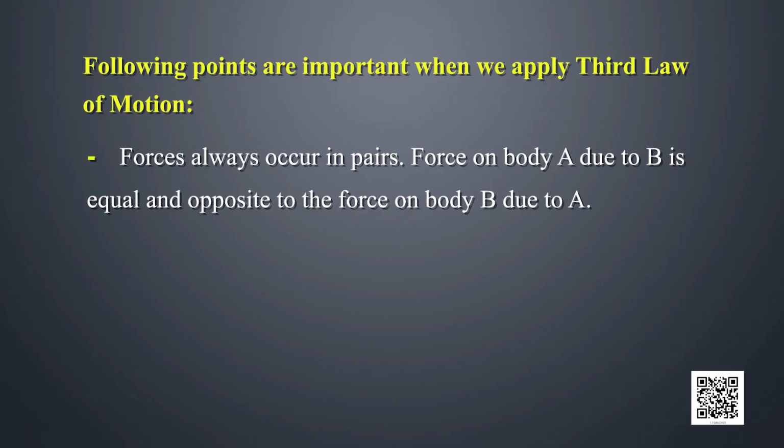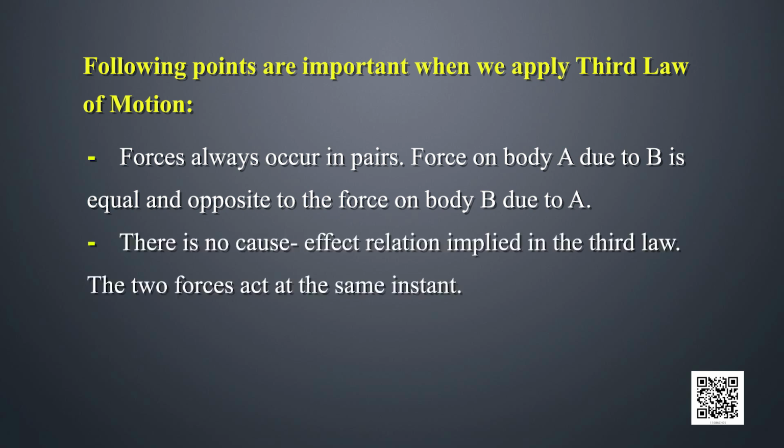The following points are important when we apply the third law of motion. Forces always occur in pairs. Force on body A due to B is equal and opposite to the force on body B due to A. There is no cause-effect relation between these two forces. The two forces act at the same instant.